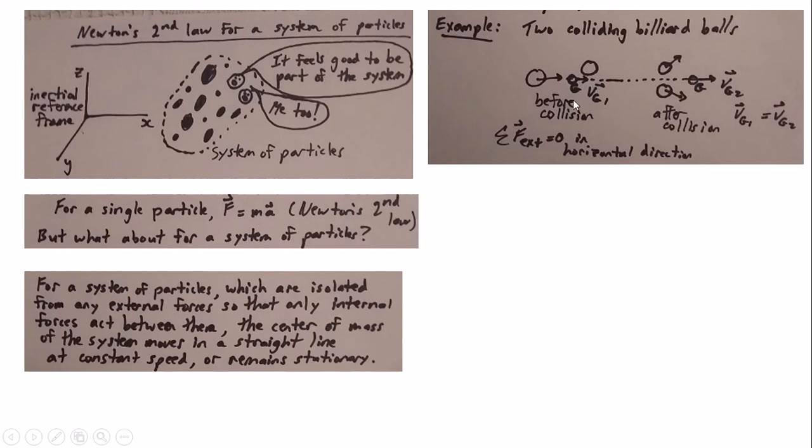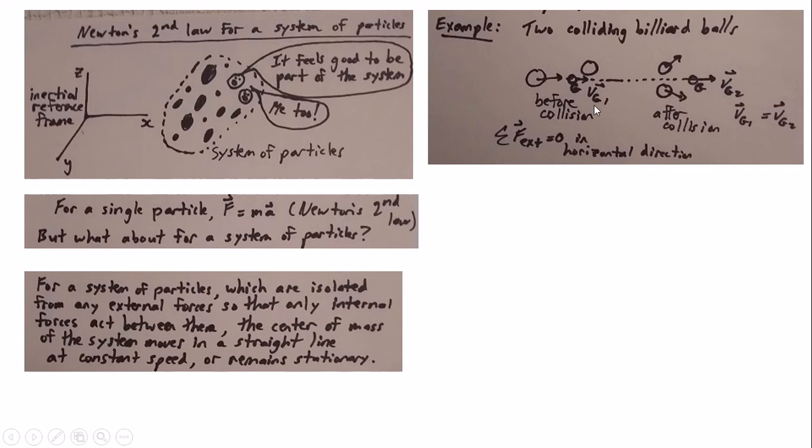So before the collision, you have the diagram here on the left, and you have the center of mass, which I call point G, moving at some velocity vg1, which is a vector quantity. And after the collision, the two balls move as shown here, and the center of mass of these two balls moves at velocity vg2, which is also a vector quantity.